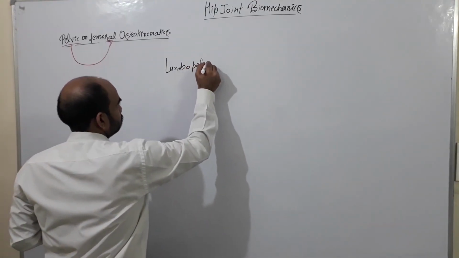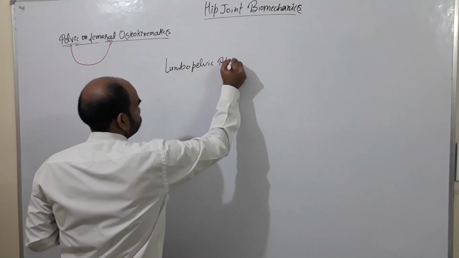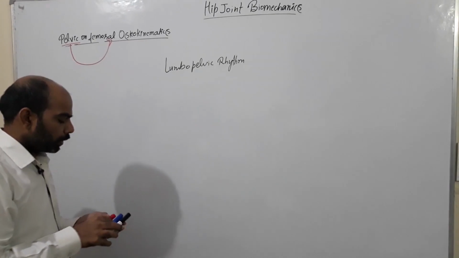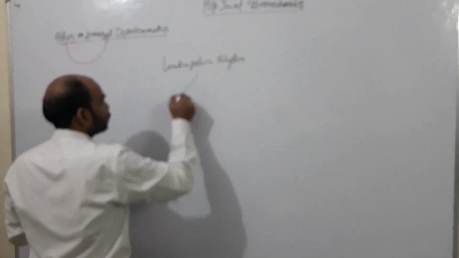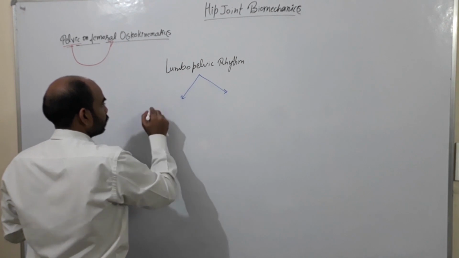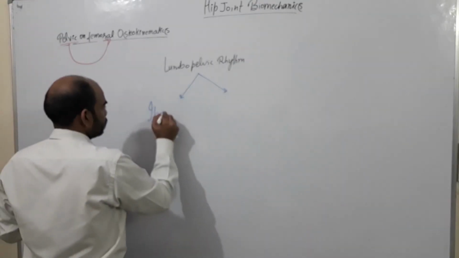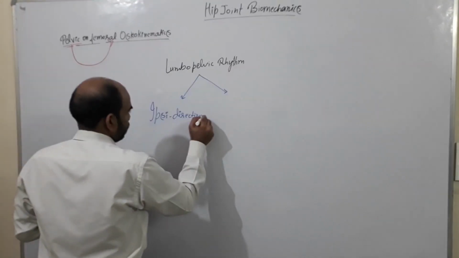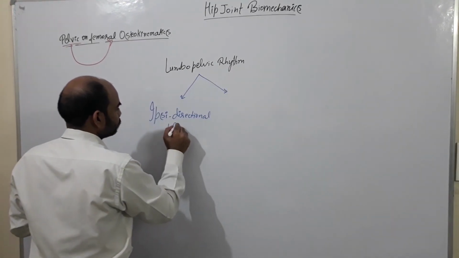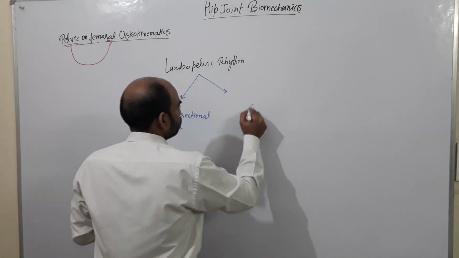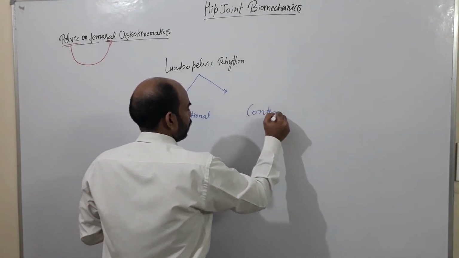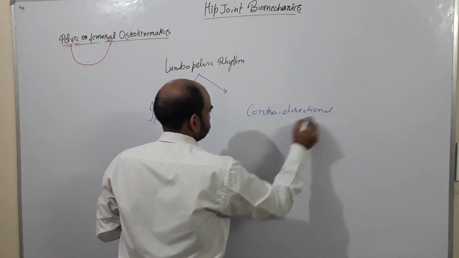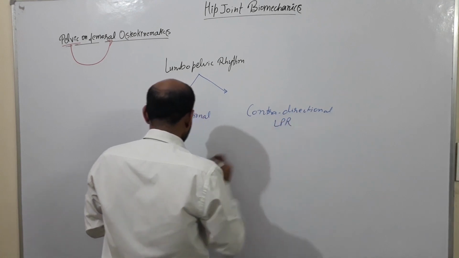Lumbopelvic rhythm is of two types: ipsidirectional lumbopelvic rhythm and contradirectional lumbopelvic rhythm.